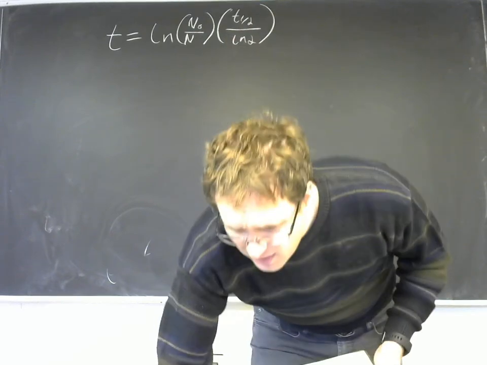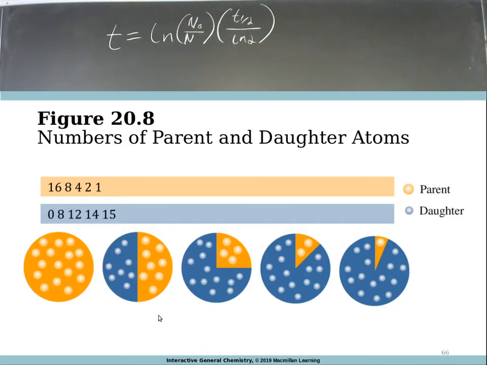So I've got a slideshow image here, because unfortunately figure 20.8 in the textbook looks a little bit different. But if we consider radioactive decay from the yellow parent isotope to the blue daughter isotopes, here we have a small sample of 16 atoms.